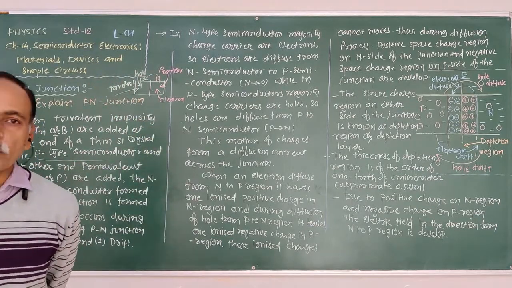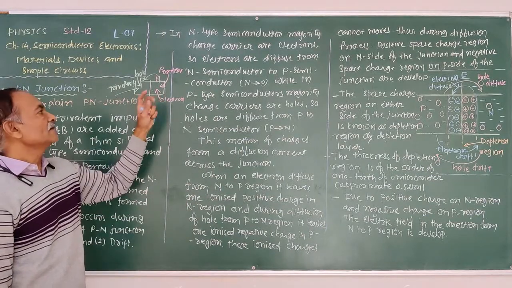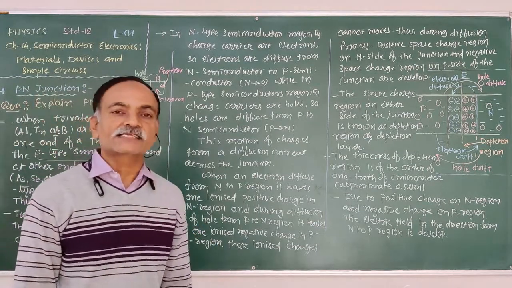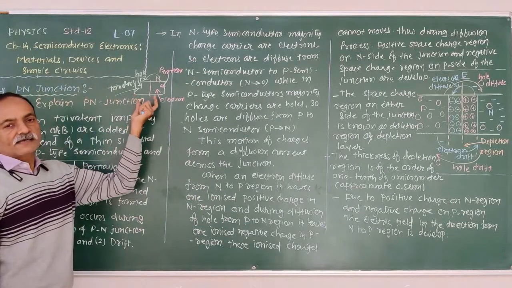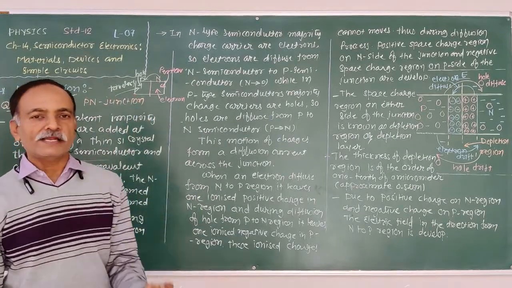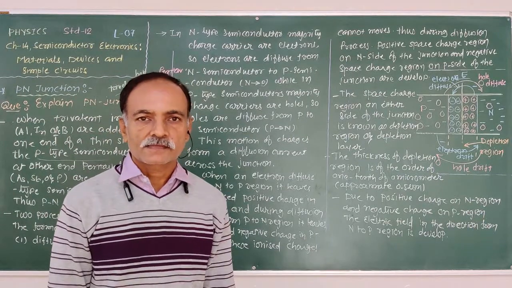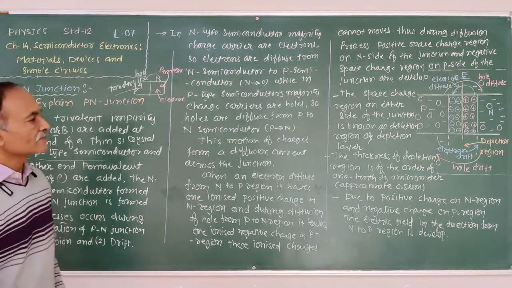Now, during the formation of the p-n junction, two processes take place. One is diffusion and the second is drift. So, as a result, in the p-n junction, the electric current is formed due to the diffusion process and drift process. How the diffusion and drift take place, we are going to discuss.